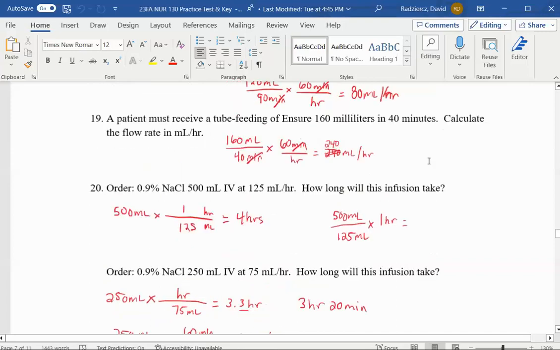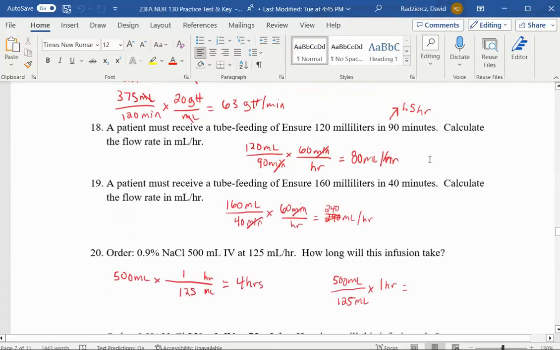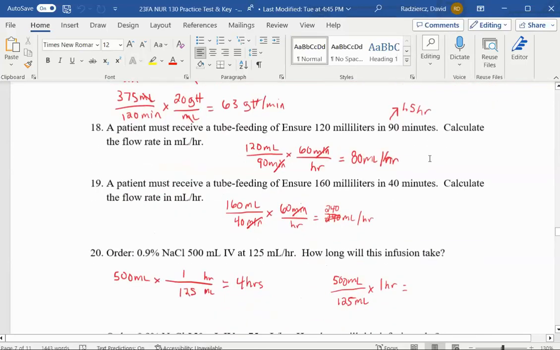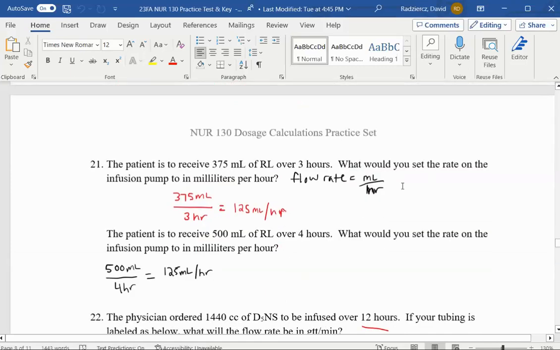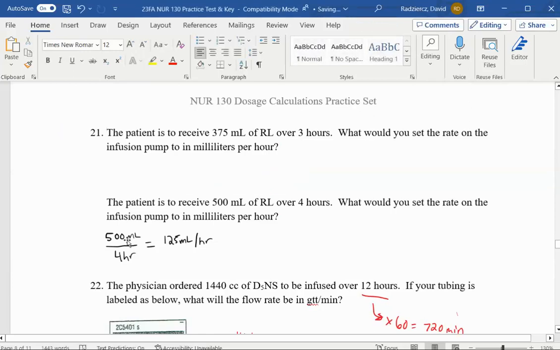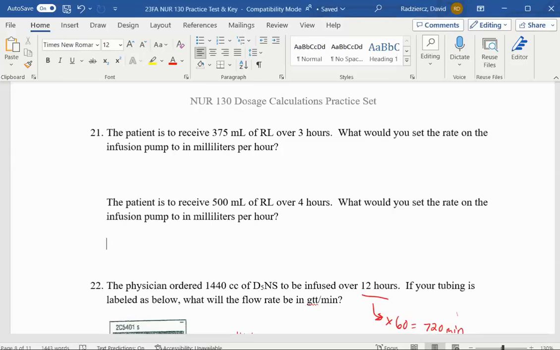I always like to start off with a couple. Where's that Ringer's lactate question? Okay. So these questions here, when we talk about flow rate, and I'm going to introduce this a little bit differently than maybe how I did on Tuesday.